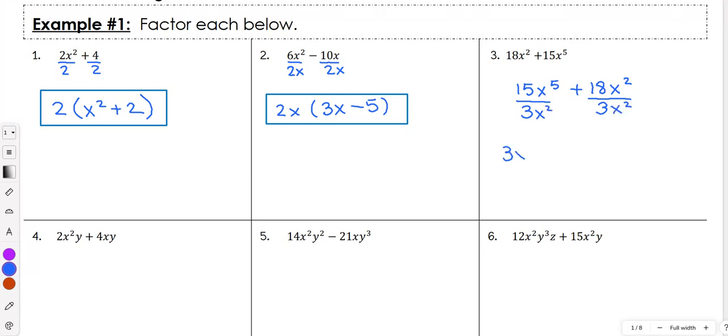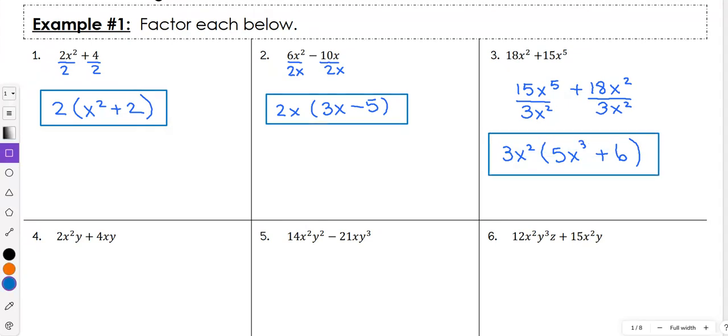So I take out that 3x squared. I end up with 5x to the 3rd power, right? Again, laws of exponents, plus 6. X's cancel out there. GCF factoring, GCF always comes in front.